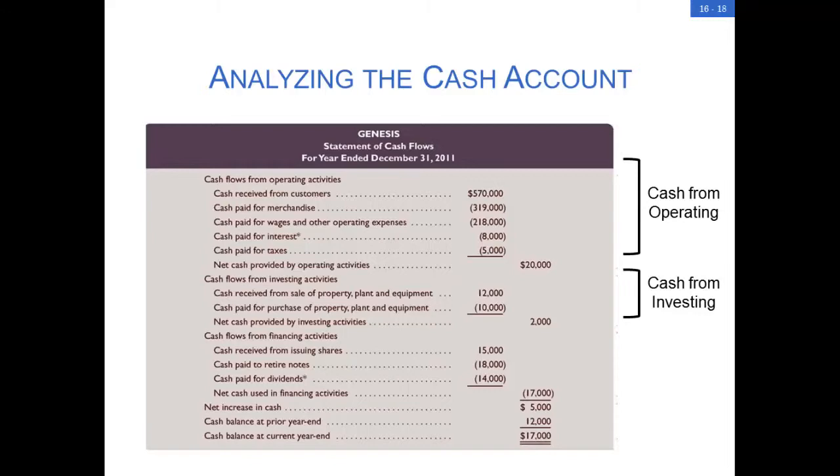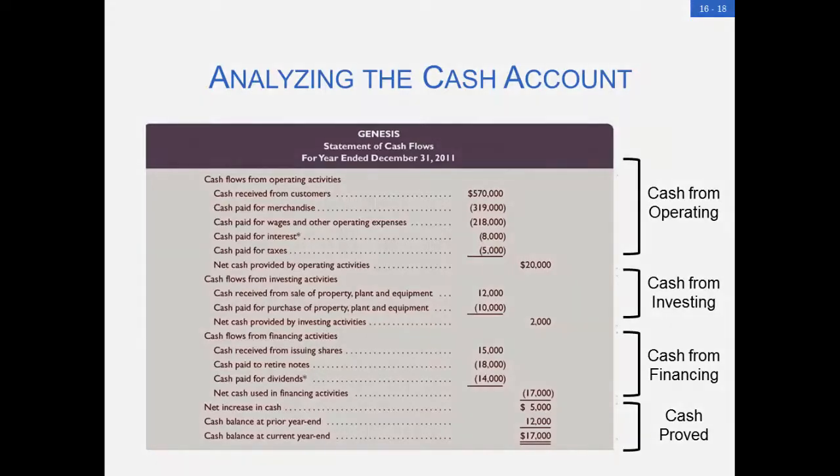Under the financing activities section, we have cash received from issuing shares, cash paid to retire notes, and cash paid for dividends. So after listing out all cash flows by activity, we calculate the net cash flows by each section. We sum them up and see the overall increase or decrease in cash.